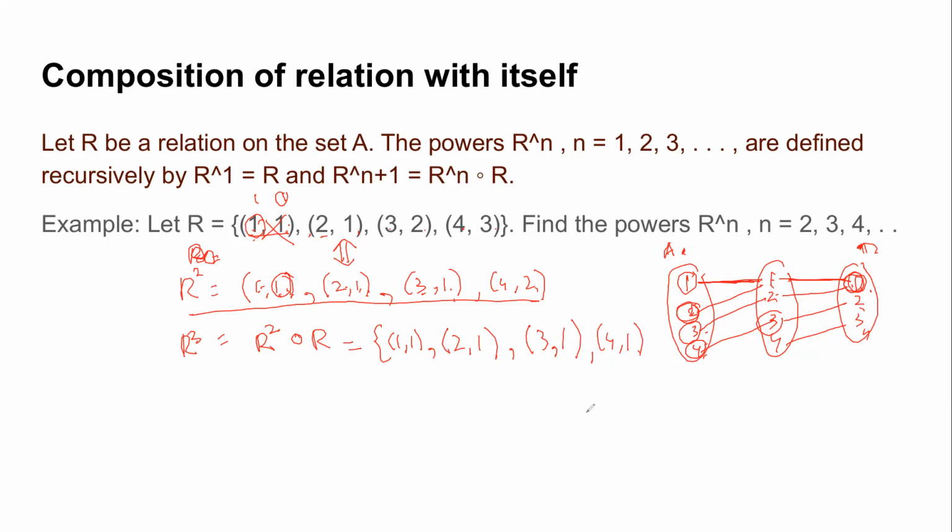Any other pairs? Just take all possible combinations from R square to R and see if you have any transitive pairs. Yes, class, any other transitive pairs? Class, is this clear how to find the powers?